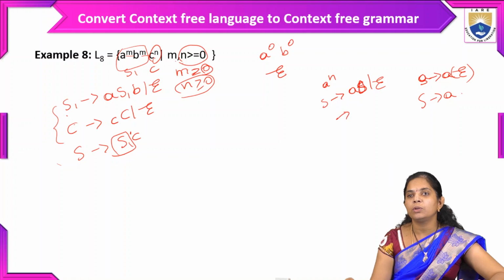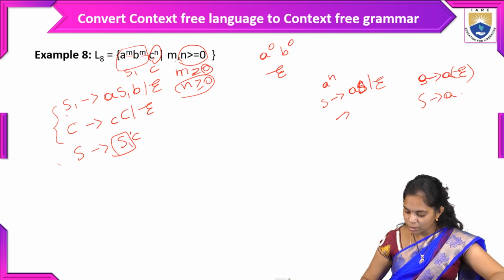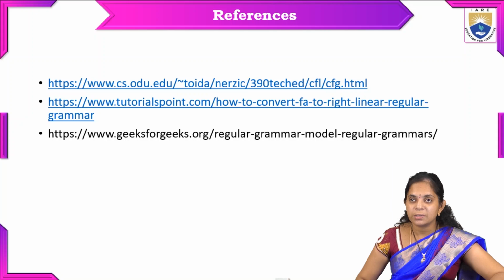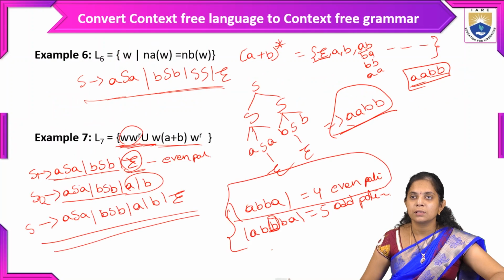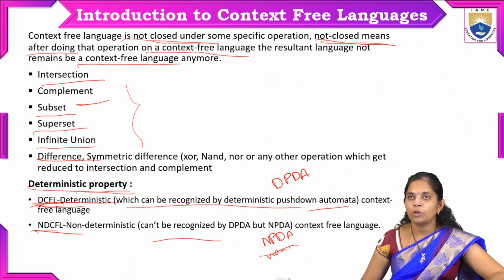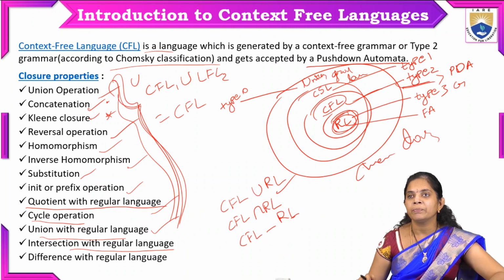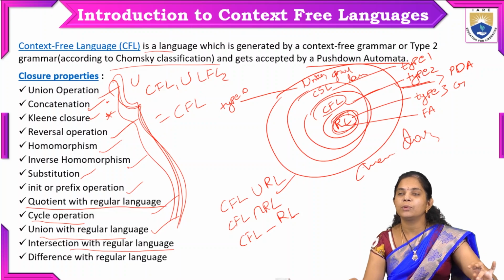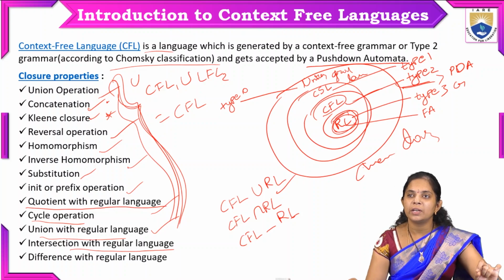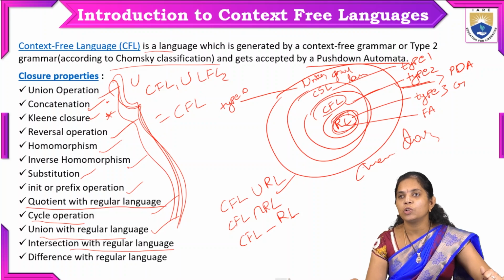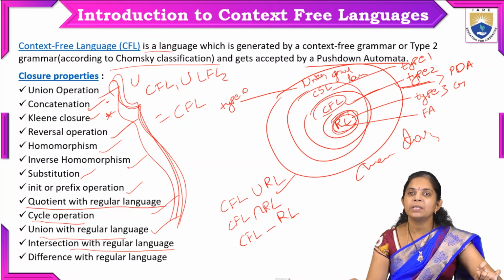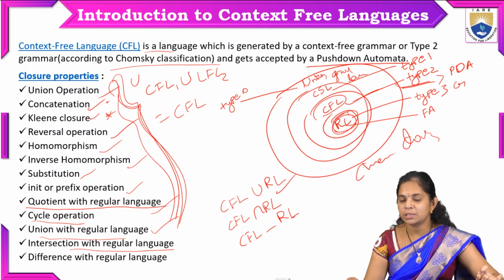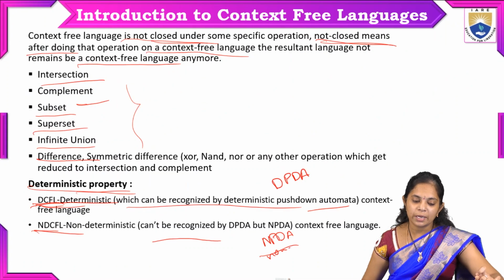And how we are going to convert it to a context-free grammar. So these are all the references from which we have taken the examples. And here let me briefly discuss. A context-free language is a type 2 language which is generated by a context-free grammar and accepted by the pushdown automata, and it has properties called closure properties, non-closure properties and deterministic property.